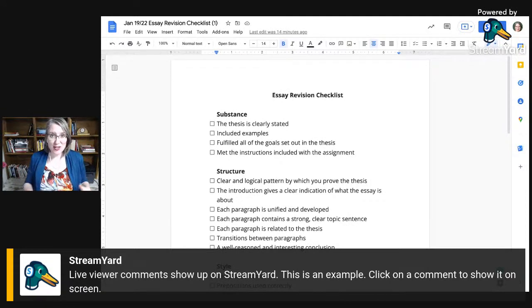They can go ahead and make the updates to their essay based on the feedback. But by having a clear revision checklist, we know exactly what we're looking for. And it's just a yes or a no. Is it there? Is it not there? And this is how we can make our essays stronger.